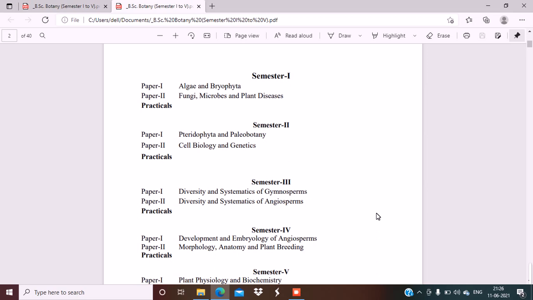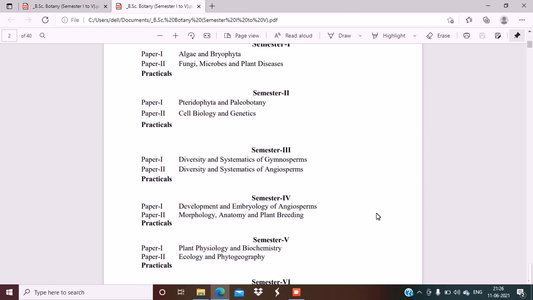Let's start with the syllabus of BSc Botany. Now in the first semester, paper 1 is Algae and Bryophyta. Paper 2nd is Fungi, Microbes and Plant Diseases. In semester 2nd, paper 1 is Pteridophyta and Paleobotany, and paper 2nd is Cell Biology and Genetics.